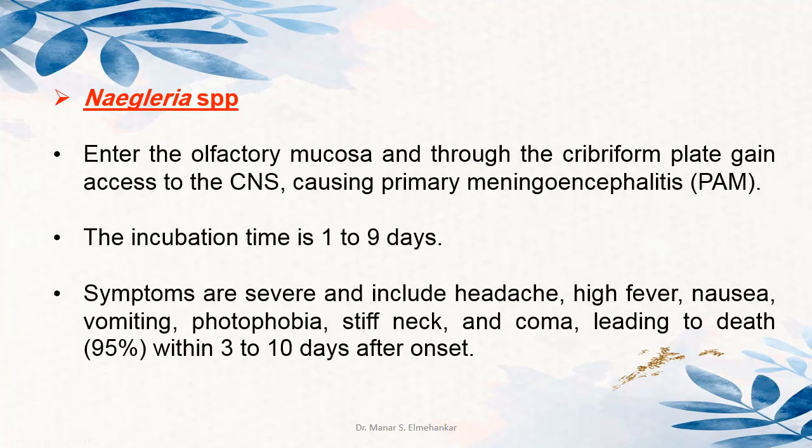About Naegleria manifestations, as we know, Naegleria species enter the olfactory mucosa and through the cribriform plate gain access to the CNS, causing primary amoebic meningoencephalitis. Its incubation time is from 1 to 9 days.